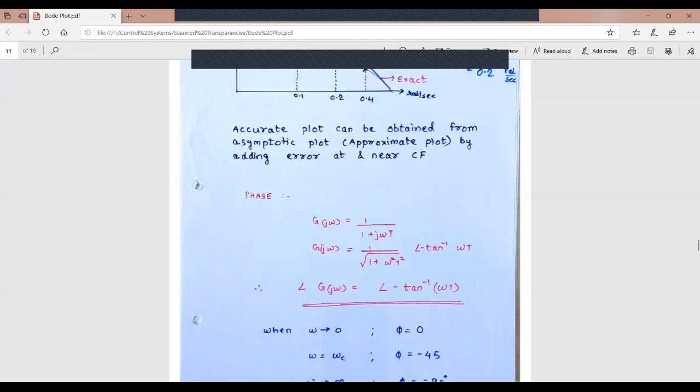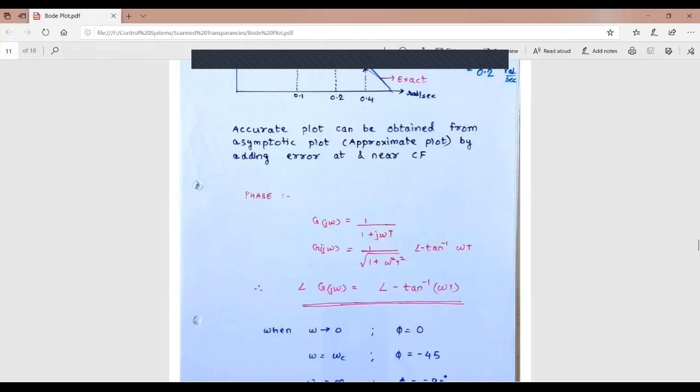Now suppose I tell you the first order factor is in the numerator. Same thing, similar equations but with a plus sign. The explanation is also the same. The angle will be plus tan inverse of omega t, and the magnitude contribution will be 20 log of omega t after the corner frequency.